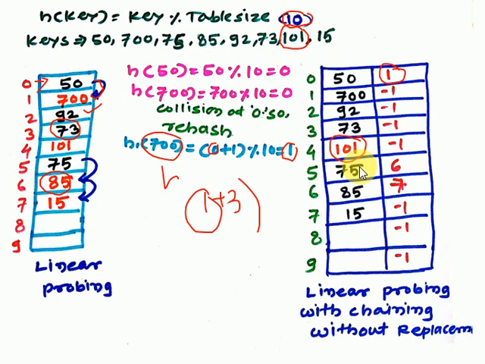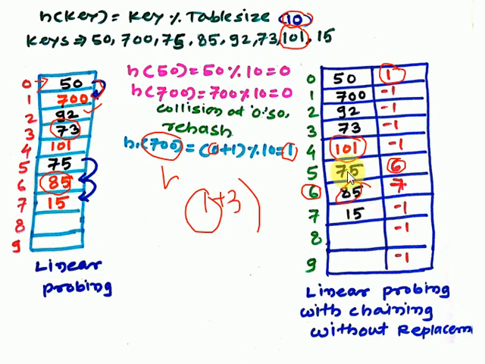Now 75 is at the right place with index 5. 85 is not at the right place, because it's supposed to be at index 5, so here we'll add a chain so that after 75 the next element for index 5 is 85, which is at location 6. So we add that 6 here. After 85 we have 15.